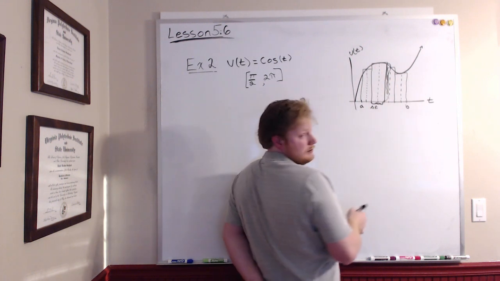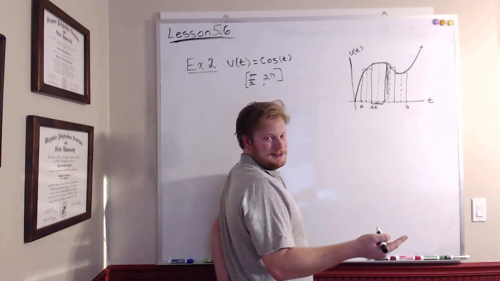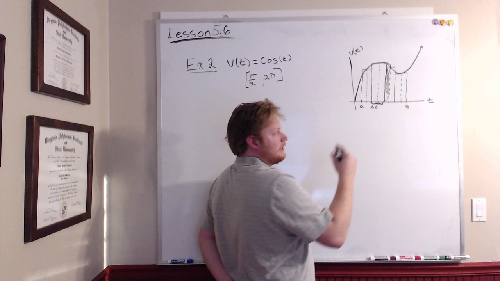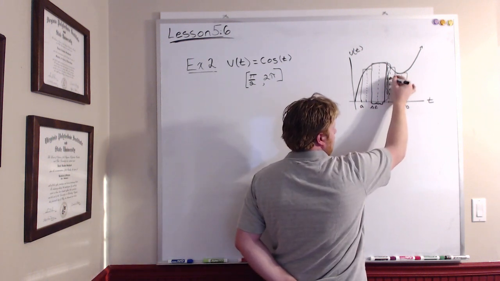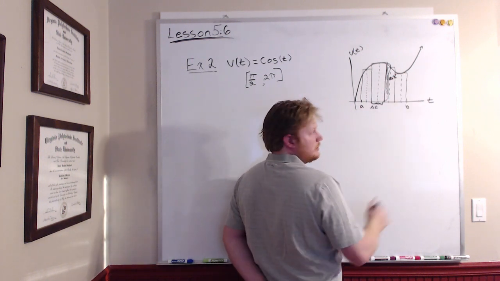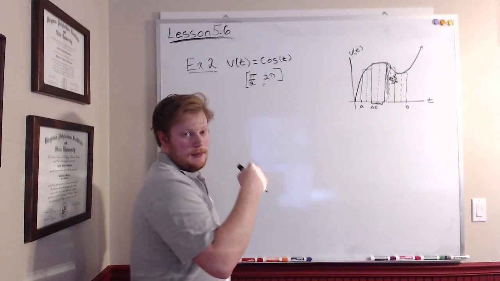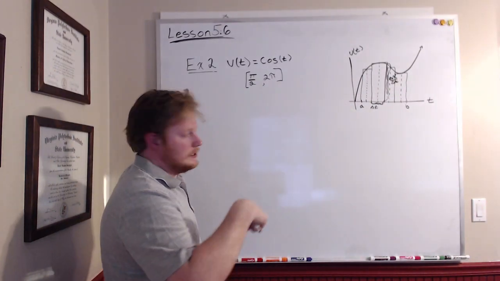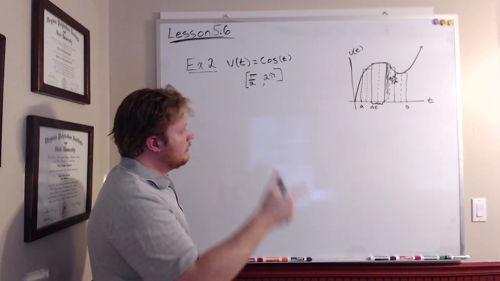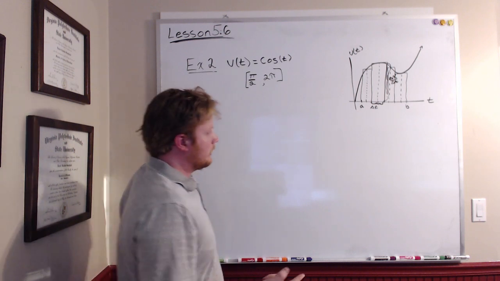Well, v of t is actually a rate, right? It's the change in position over the change in time. Velocity is dx/dt. It's the derivative of the position function with respect to time.